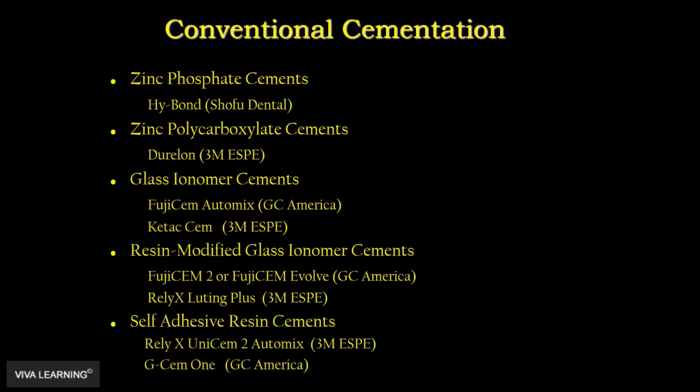Then, not a newer category, these have been out for a long time too, are the self-etching, self-adhesive resin cements. And these were developed at least 20 years ago. Basically it's just a resin cement that, because of the chemistries, will get some bond to tooth structure. Not a lot, certainly not like treating the tooth and treating the restoration, but because of some bond to tooth and some bond to restoration, you'll get bond strengths of maybe 5 to 8 megapascals.